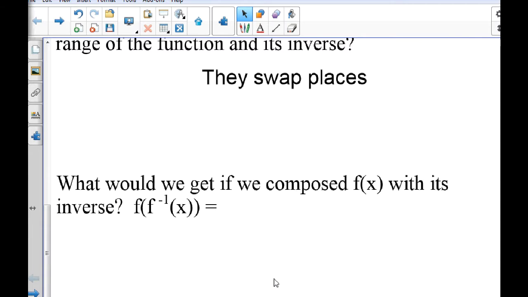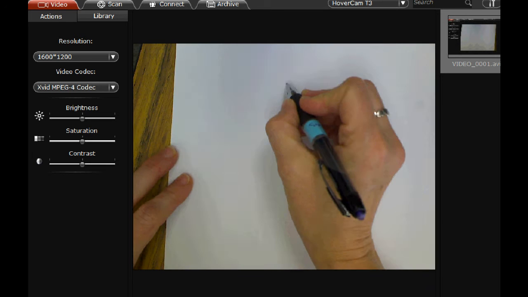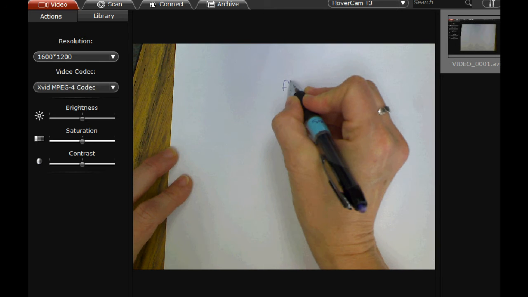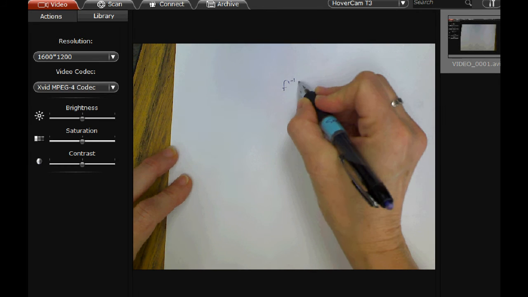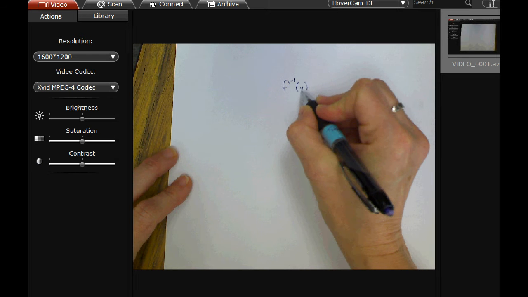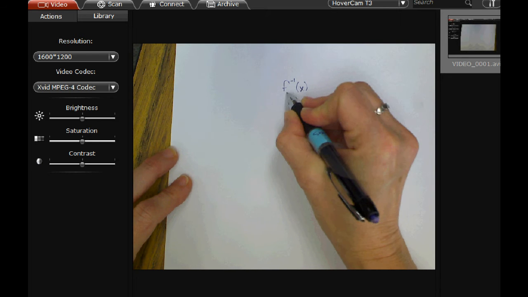Alright, so what's going to happen if we compose a function with its inverse? That's going to look like you see on the screen, some function inverse put into the original function. By the way, when we use that -1 power, that's actually not a power if you see an x or an input after your function.